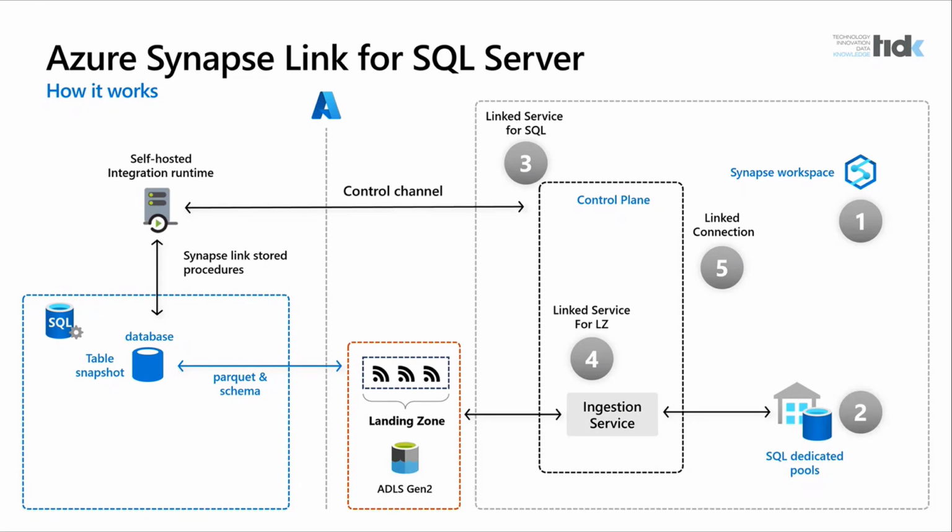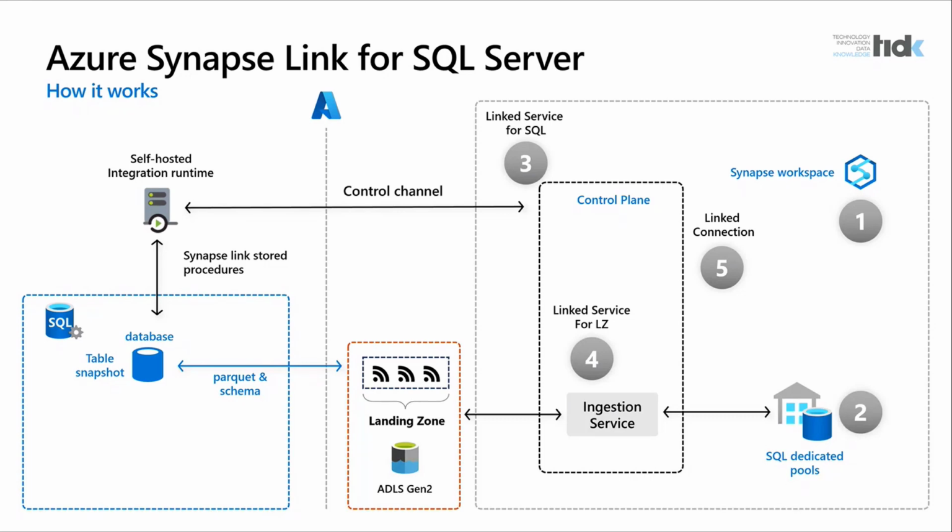Okay, so first, when we create the link connection between our on-prem SQL Server and our Synapse workspace, the first thing done is generating the initial snapshot of our tables.